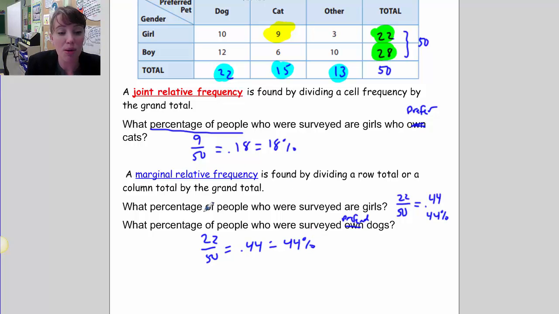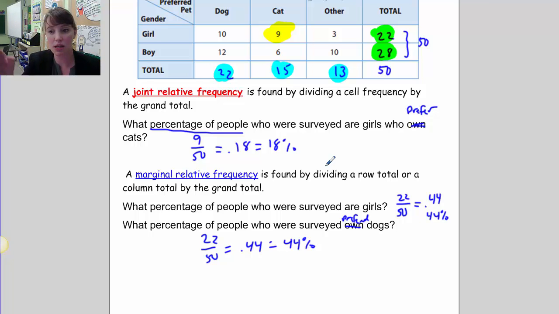Okay. So basically what changes between marginal and joint frequency is that this category of owning dogs is either a column total or a row total, whereas with joint it's just a cell total. And I remember marginal versus joint because margins are the things on the side, like the margins of a paper are on the side or on the bottom, right?